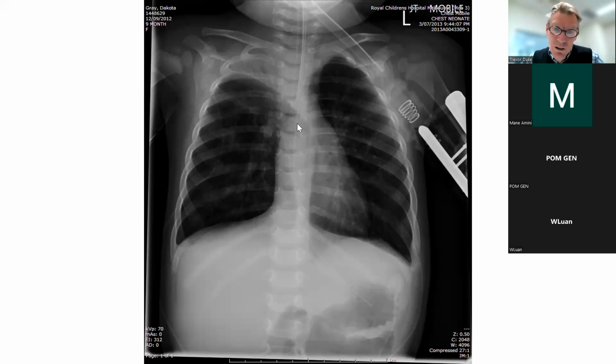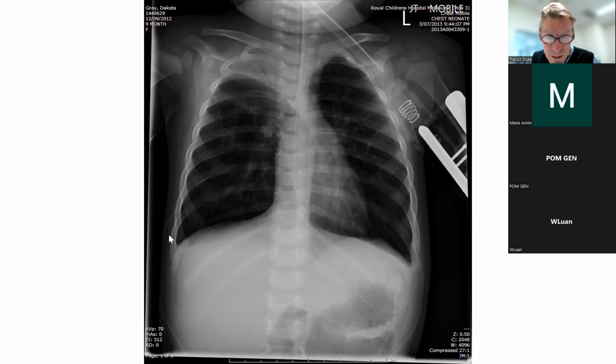This child's got bilateral hyperinflation of the lungs, and actually you can draw the outline of the left lung, which is here, and the outline of the right lung. See this line that comes down here? This is the right lung all the way across here, and you can see there's a little bit of collapse of the right upper zone, but the right lung is very over-distended, and the left lung is very over-distended.